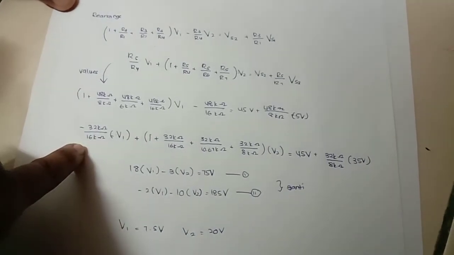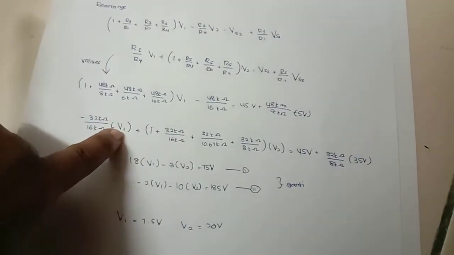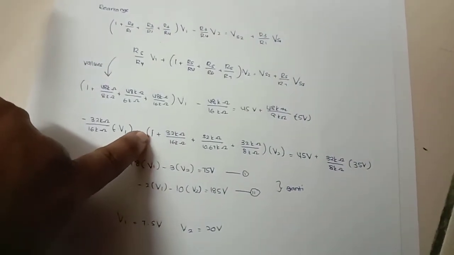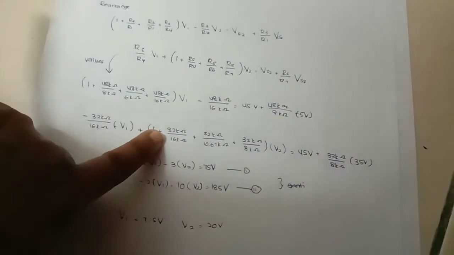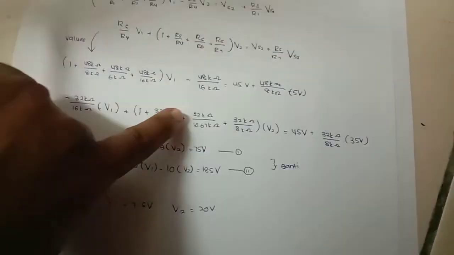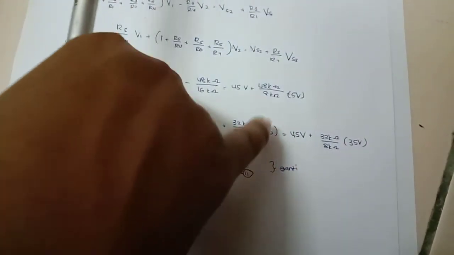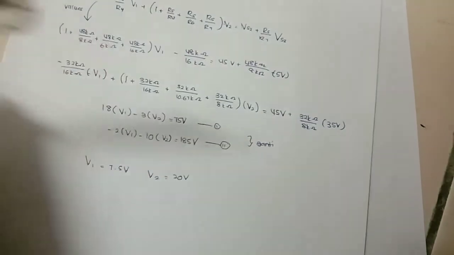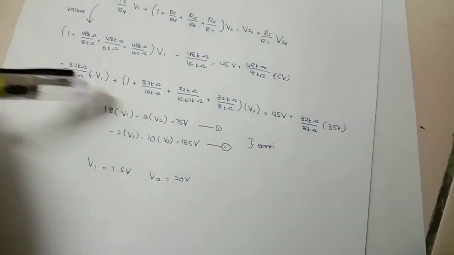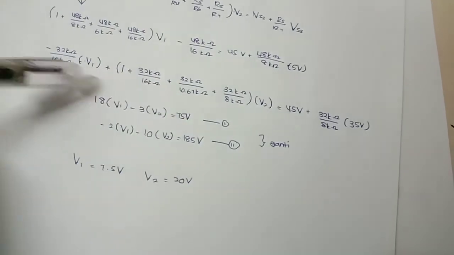substitute the values inside the equation, we will get 32 kilo ohm over 16 kilo ohm times V1, plus 1 plus 32k over 16k plus 32k over 10.67k and 32k over 8k times V2. So we will get an answer of 18V1 minus 3V2 equals 75 volts.